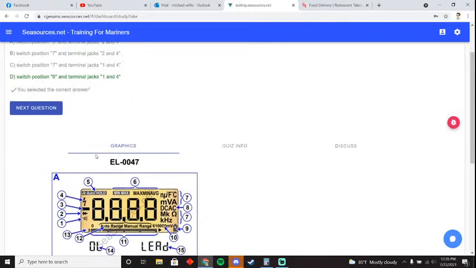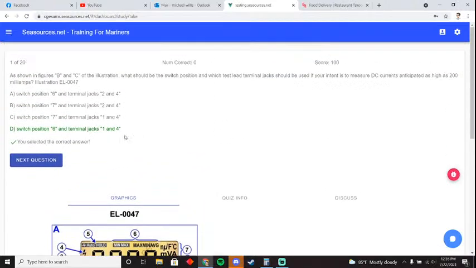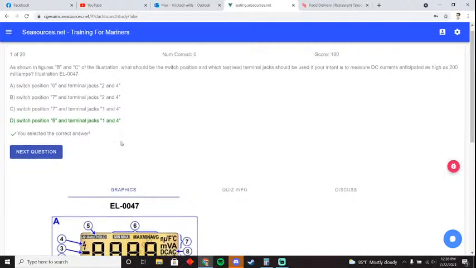But basically, what it's asking is, as shown in figures B and C of the illustration, what should be the switch position and which test lead terminal jack should be used if your intent is to measure direct current anticipated as high as 200 milliamps.